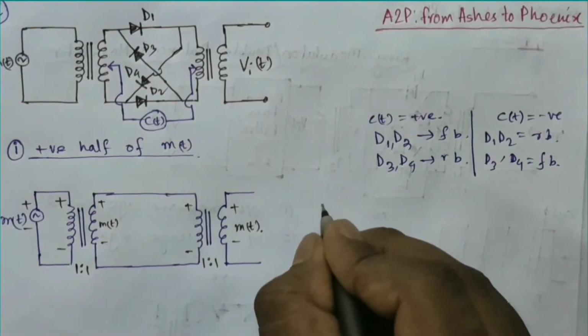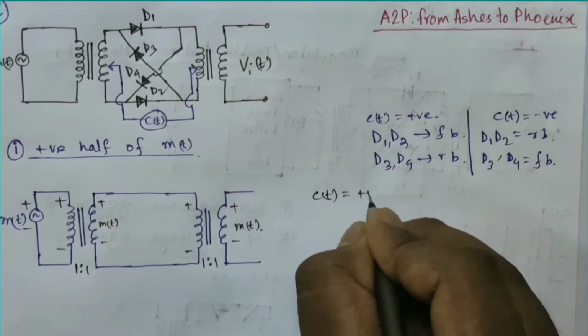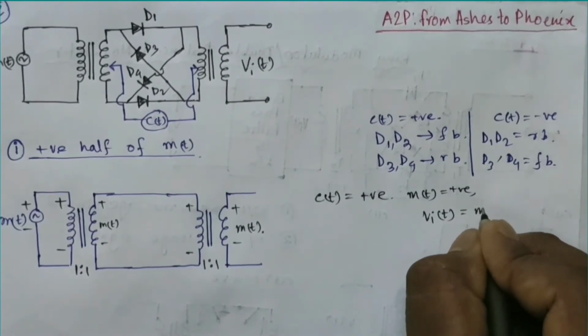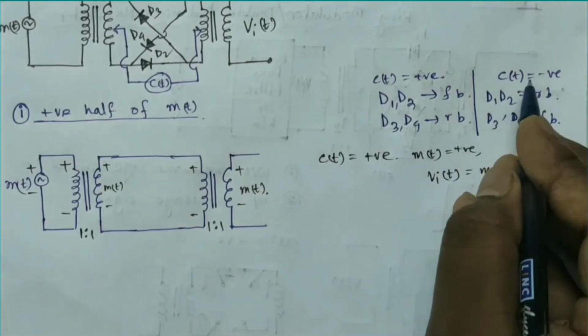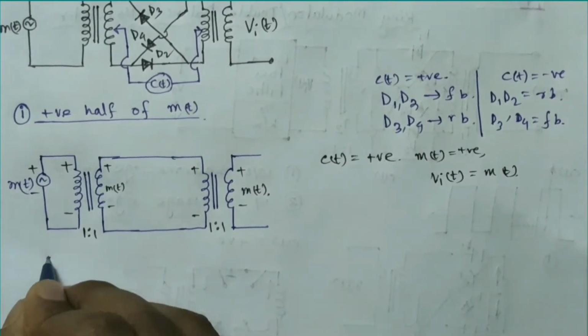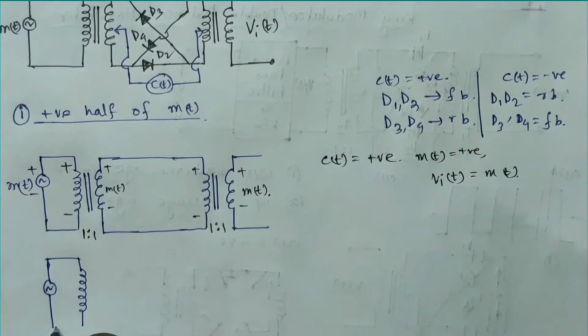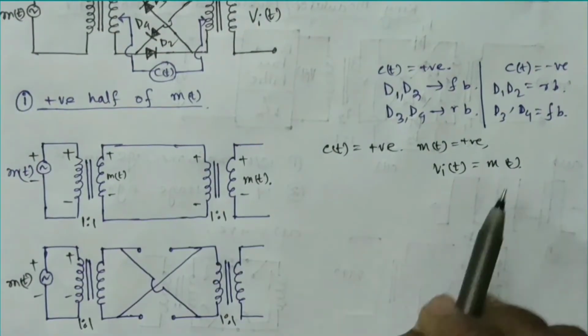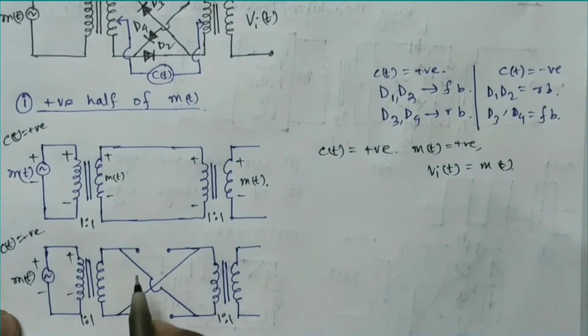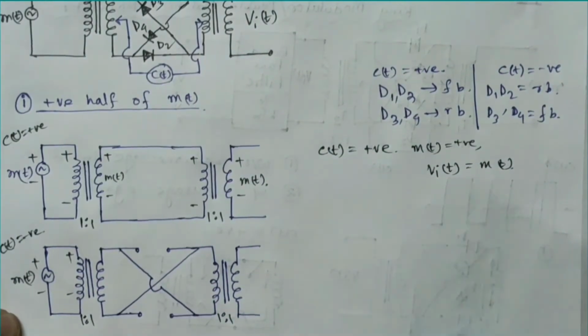So when c(t) is positive and m(t) is positive, V(t) is m(t), and when c(t) is negative, then the equivalent circuit will be this. In this case, since c(t) is negative, D3 and D4 are forward biased and D1 and D2 are reverse biased.